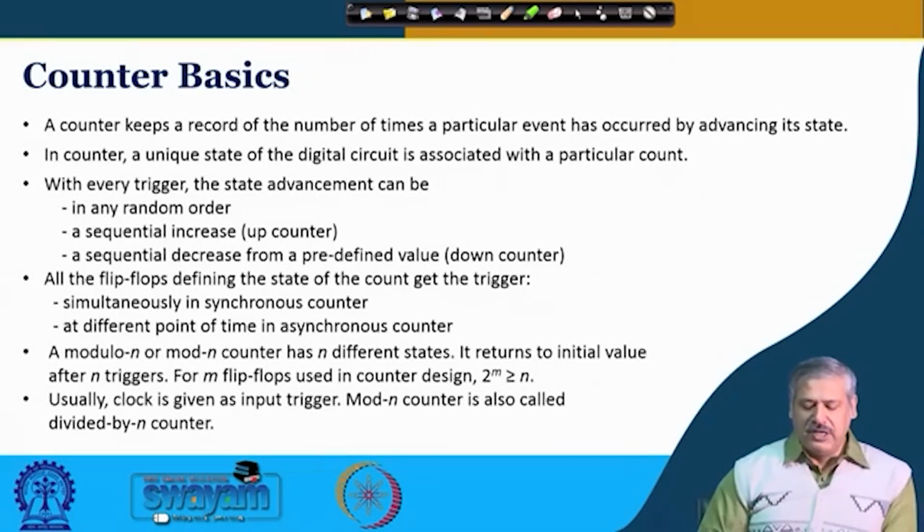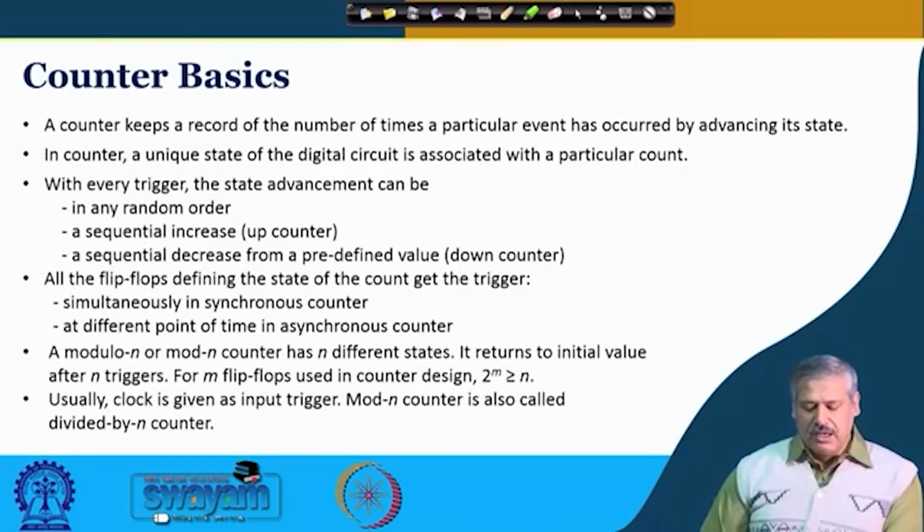A modulo n or mod n counter has n different states. After n such triggers, after the count of n, it comes back to its initial value. And if there are m flip flops used for the counter design, of course 2 to the power m needs to be greater than or equal to n.